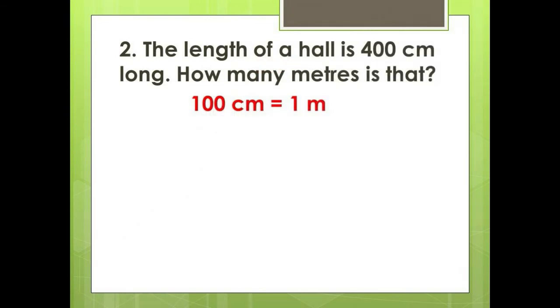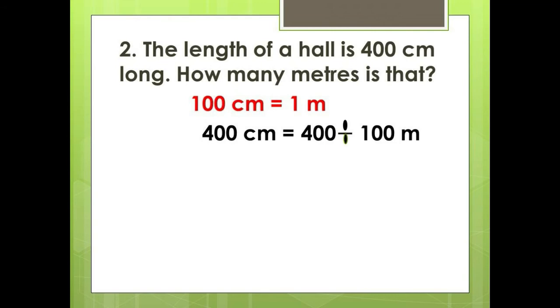See here, 100 centimeters equals 1 meter. So in the question they have given 400 centimeters. 400 centimeters equals 400 divided by 100 meters, because 1 meter equals 100 centimeters.